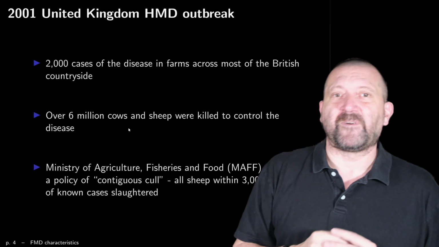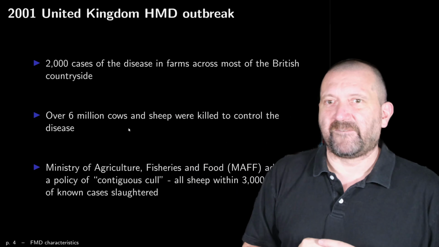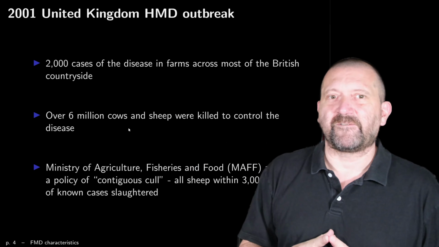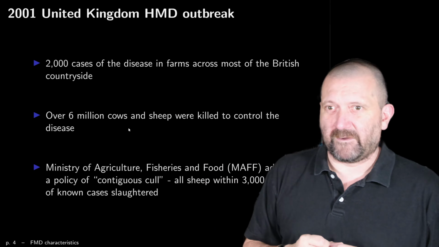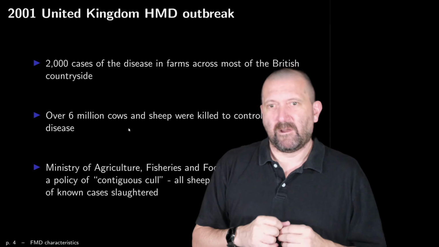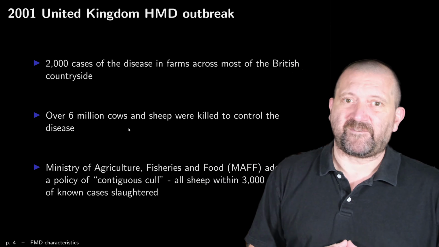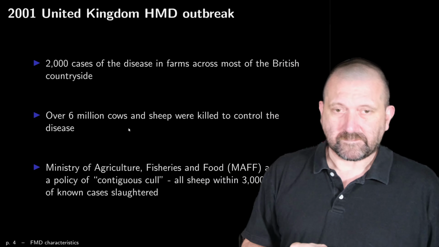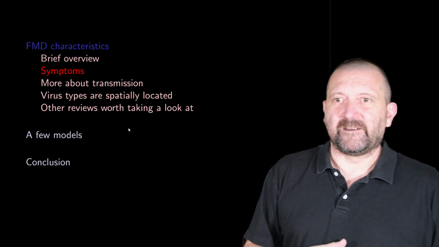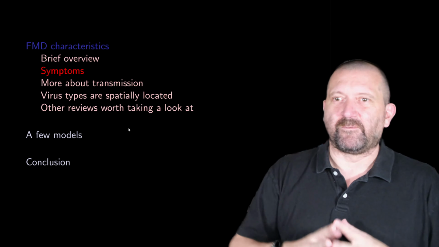So there were about 2,000 cases in farms across the British countryside. There was preemptive culling of a large number of animals. Okay, so let's go back into the details.